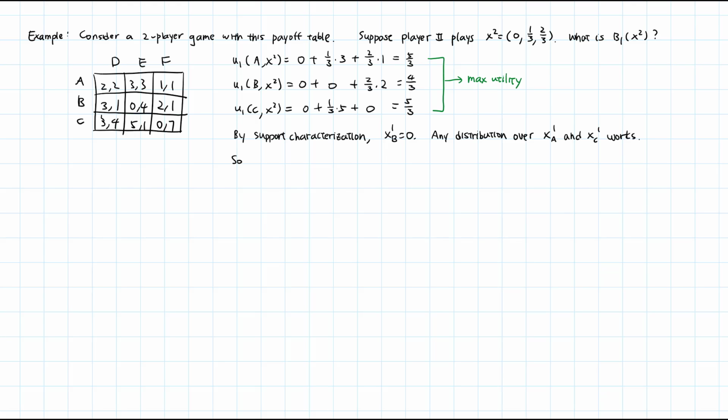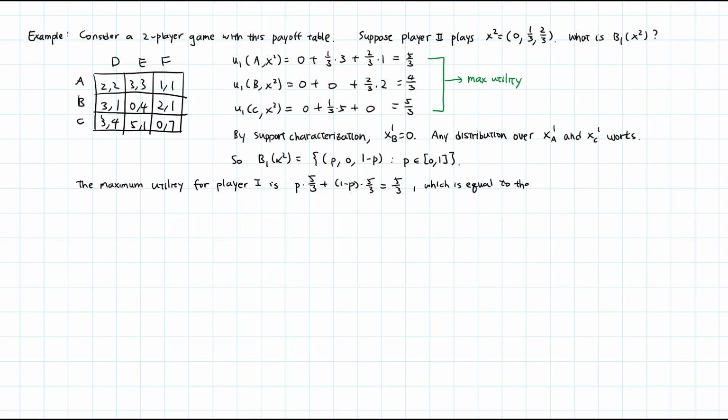So the best response function for player 1 is p, 0, 1 minus p, for any p from 0 to 1. As an illustration, we can calculate the maximum utility for player 1 over all possible mixed strategies, which is p times 5/3 plus 1 minus p times 5/3, which is 5/3. This is equal to the maximum utility for a pure strategy.